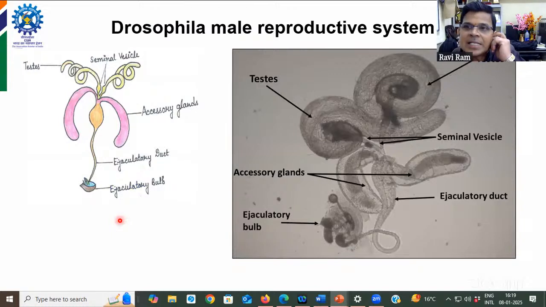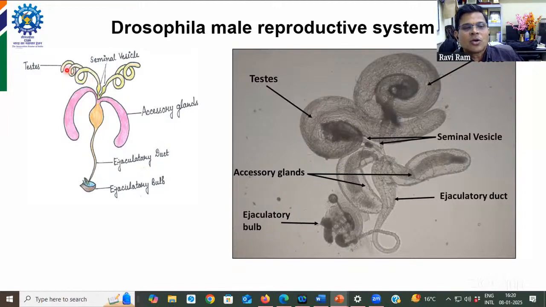So if you dissect out the Drosophila male reproductive system, this is how it looks. Like in any other animal, you have these coiled testes. In mammals, you don't have this coiling, but you have a testis.